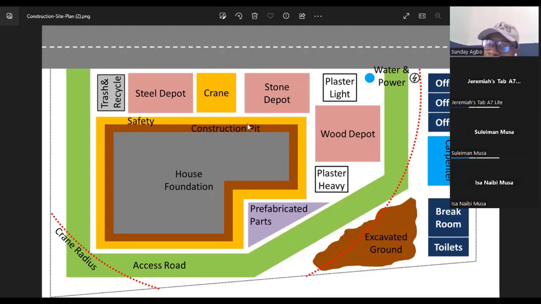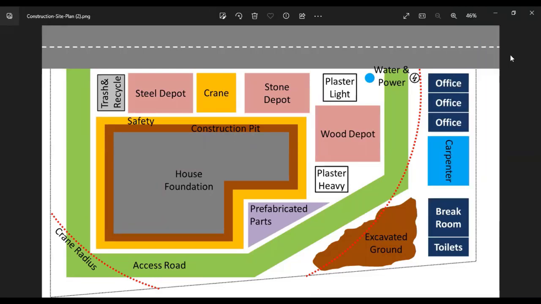Okay, so now you can see the site layout that we have here. You can see the arrangement of the layout. If you can see clearly, from my left here, we have trash and recycling.